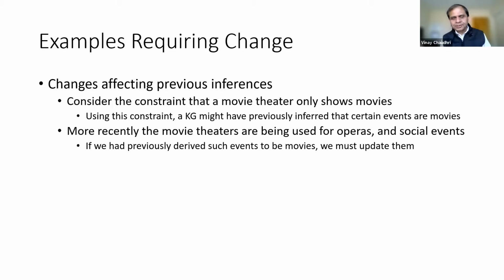And if you look into the modern context, people are doing vaccination centers in stadiums, right? Stadiums are not just meant for sports, but they are treatment centers. And if based on those constraints, you had cached some information in your knowledge graph, and now the real world constraint has changed and different things are happening, then you have to go back and revise all the information that you had previously cached.